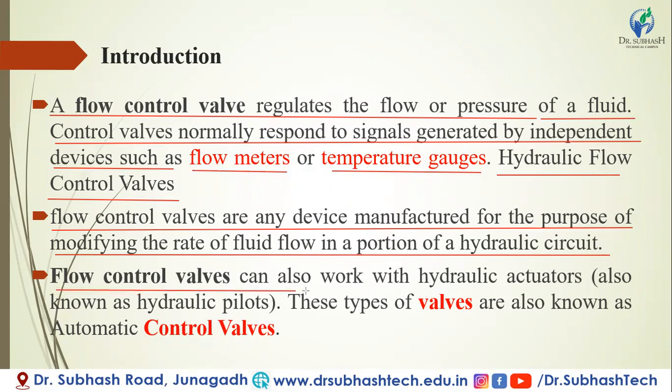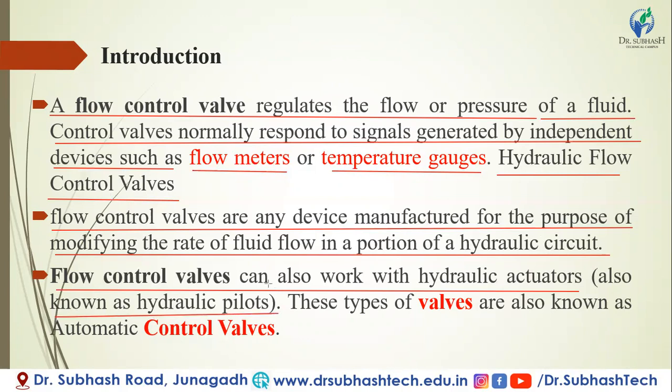Flow control valves can also work with a hydraulic actuator. Hydraulic actuator means a single acting cylinder or double acting cylinder, as per the direction given by the direction control valve. It also works with that type of valve, also known as a hydraulic pilot.